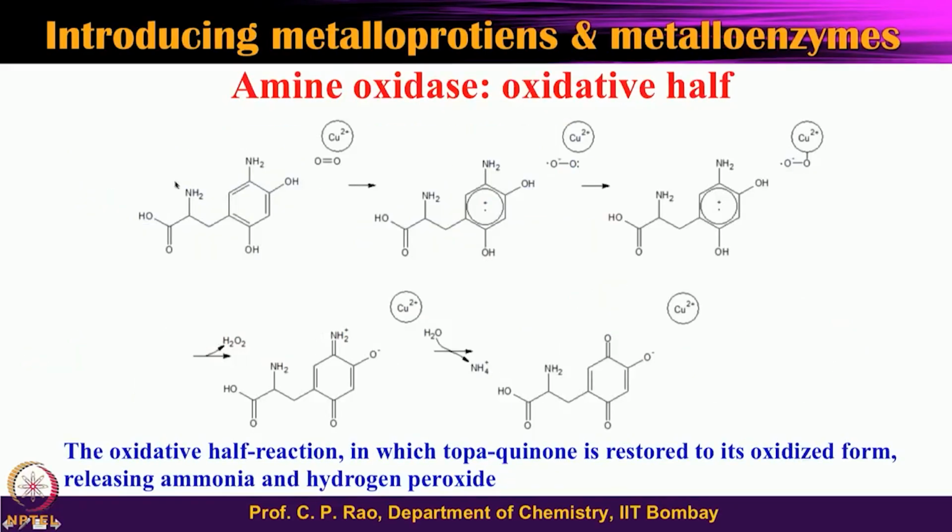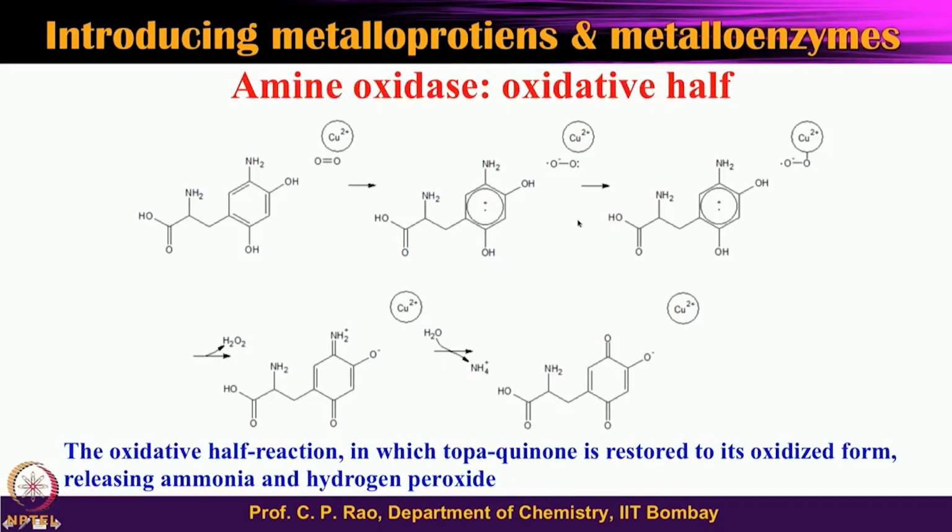In the second half, this particular amine-converted species now undergoes further redox with the O2. The O2 reacts with this enzyme, and the redox process between the TPQ and the O2 converts it into a form binding to the copper center, and then all these transformations go from here into this.